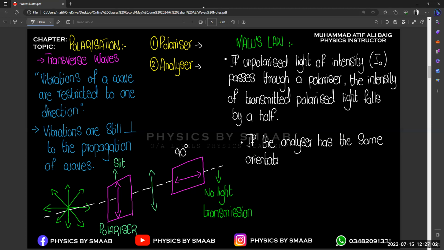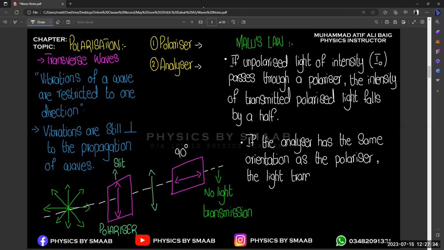What will happen next if the orientation of the analyzer is the same as the polarizer? Will the intensity remain the same, half, or anything else? I think it'll stay the same. Stays the same, because it is already allowed from the first polarizer, right?